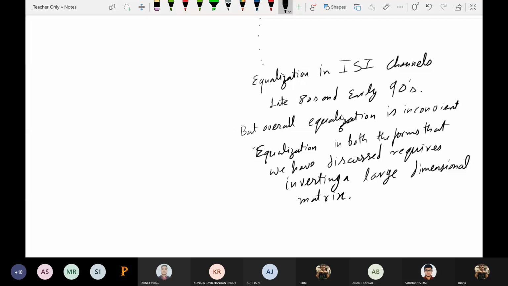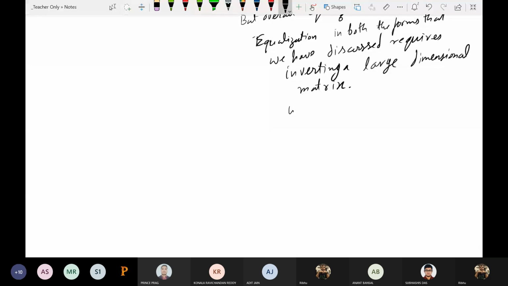You agree with this? So it involves inverting a large dimensional matrix, which is at least L times L for a length L channel.